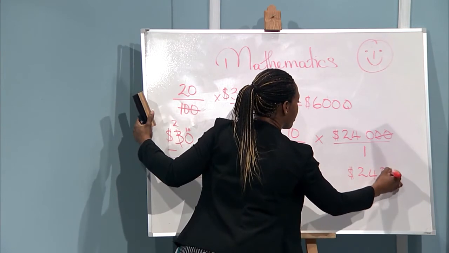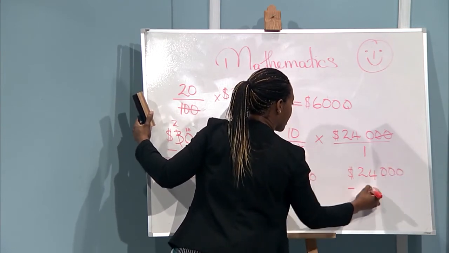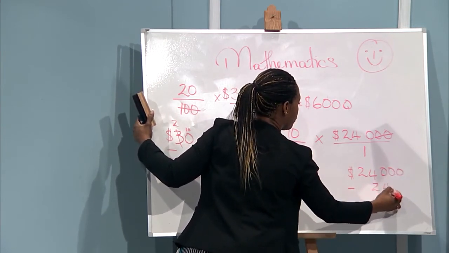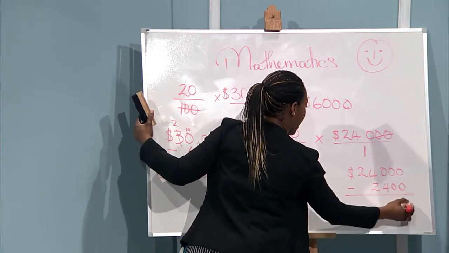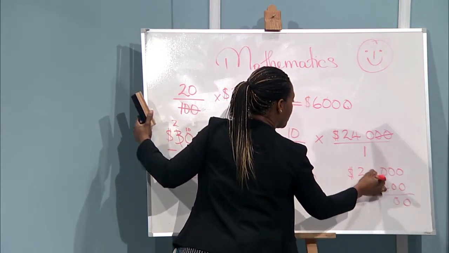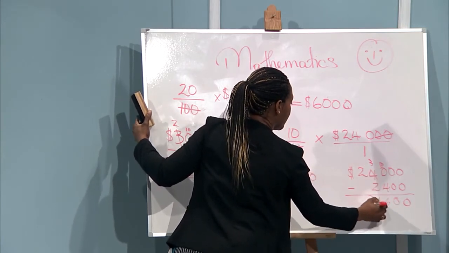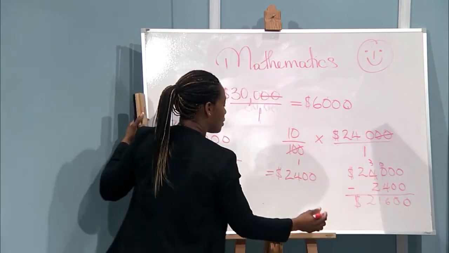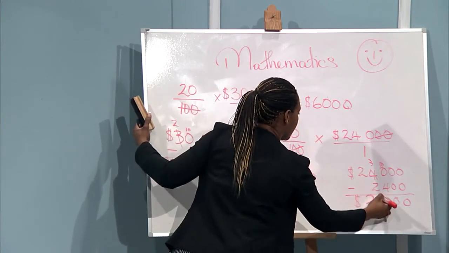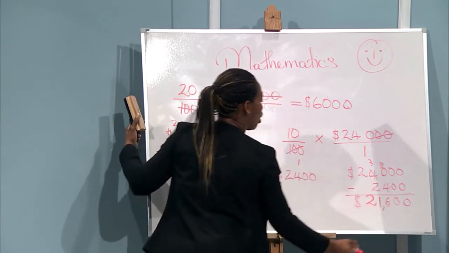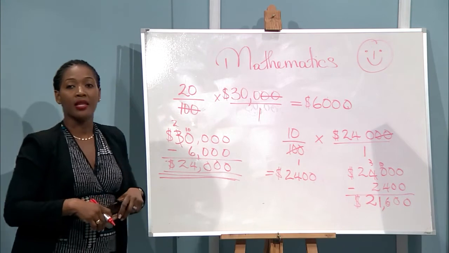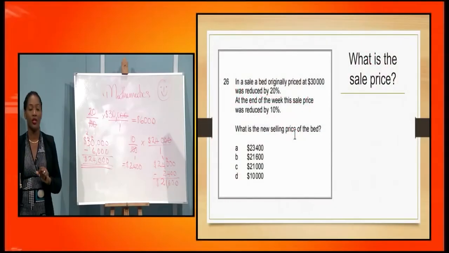We have 24,000, subtract 2,400, and we have, that would be 3 there, 10 take away 10, that is 6, 1. 21,600, let's write that 2 properly, $21,600 would be the price after those 2 reductions.